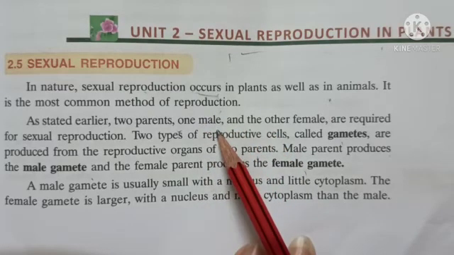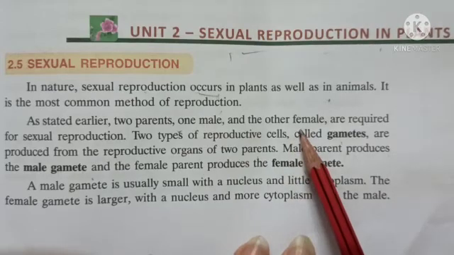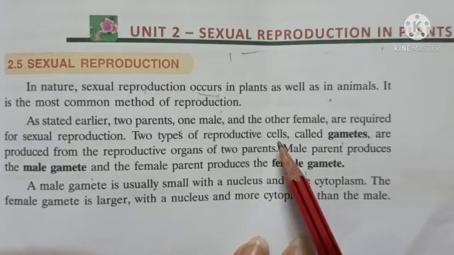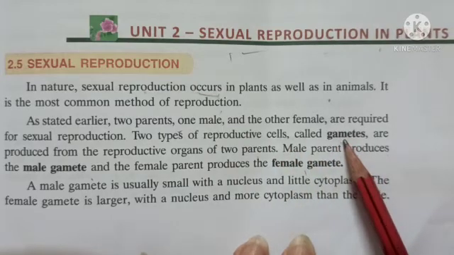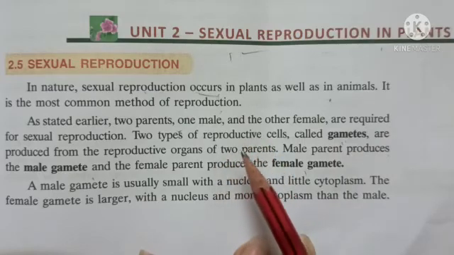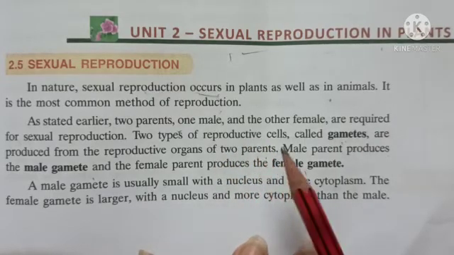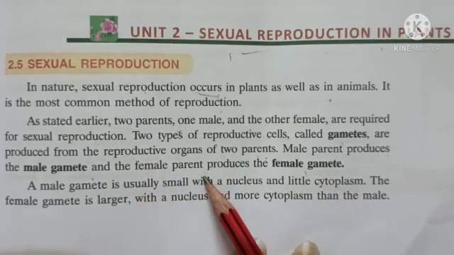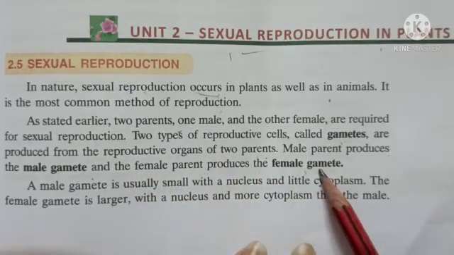One is the male parent, another is the female parent, right? And they produce two types of reproductive cells called gametes. These gametes are produced from the reproductive organs of the two parents. The male parent produces a male gamete and the female parent produces a female gamete.